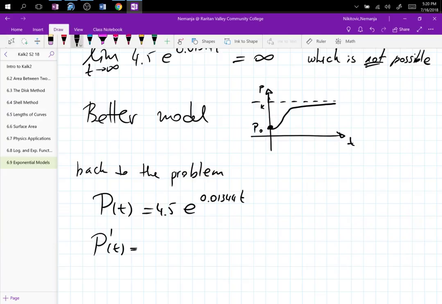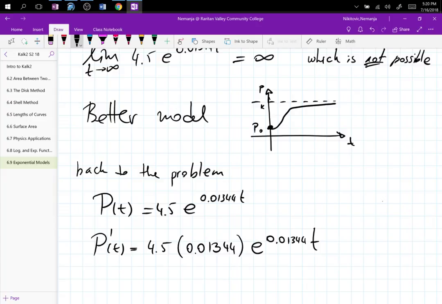So what you do is take the derivative: we copy the constant 4.5, then the chain rule from the exponent gives us 0.01344, and then e to the 0.01344 t. When I differentiate the exponential function, it stays unchanged, but then I have the derivative of the exponent.